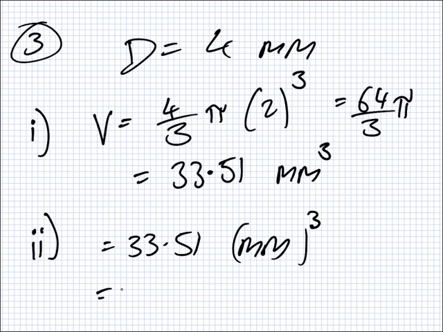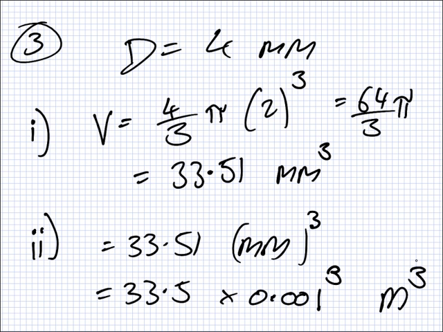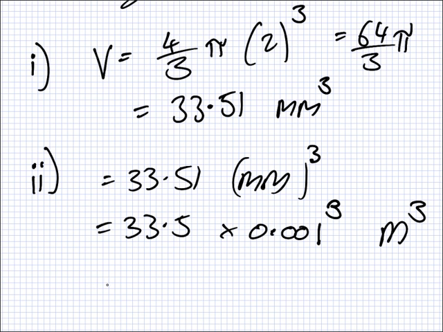And how big is a milli? It's 10 to the minus 3, isn't it? 0.001 cubed, meters cubed. So what does that equal? That's 33.5 times 10 to the minus 9 meters cubed.